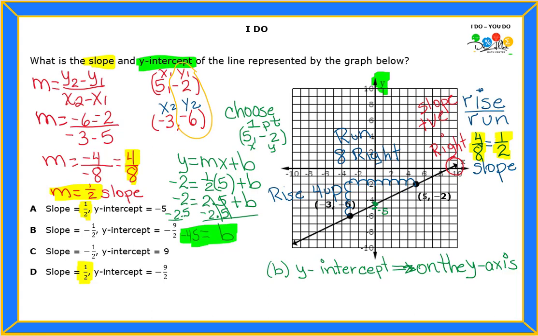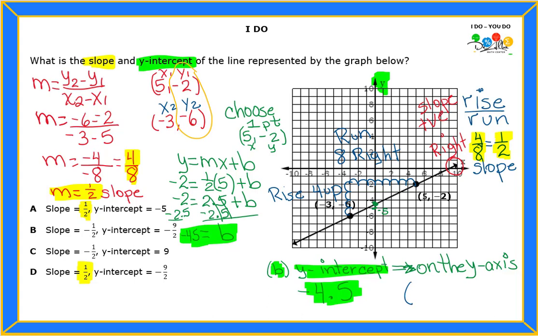So according to my equation, my answer should be -4.5. Now, if you look at the answer choices, what do you notice? Yes, on my answer choices, it cannot be a -5, the y-intercept. Is that correct? Now, I want to write down the ordered pair as a coordinate.